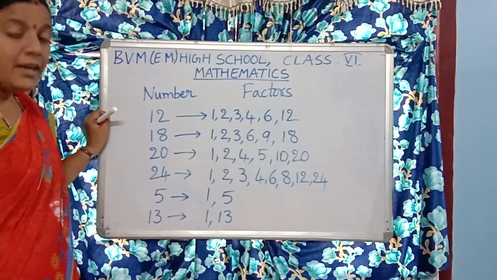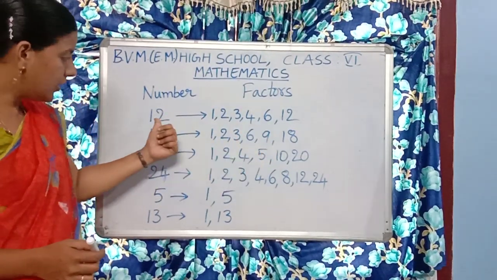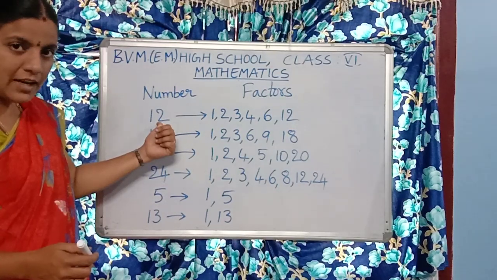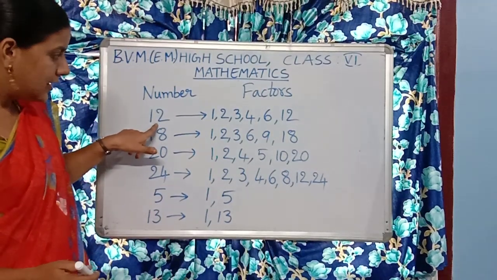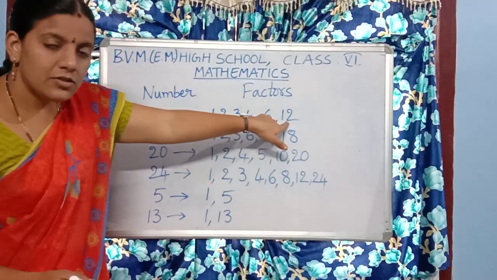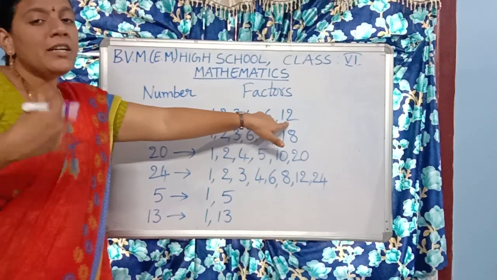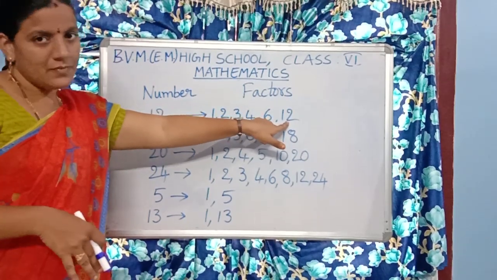Okay? Next, observe another thing. Look here, 12. 12 is there. And next, the factor. Look, 12 is the factor. That means itself. The number itself is a factor. Okay?